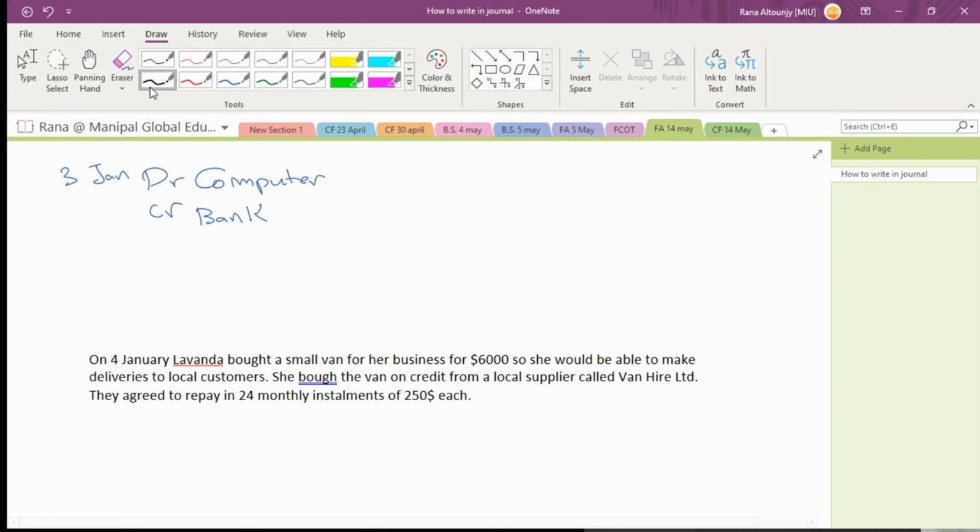Also, we need to open the T account for both. So we have the bank, and we have the computer.